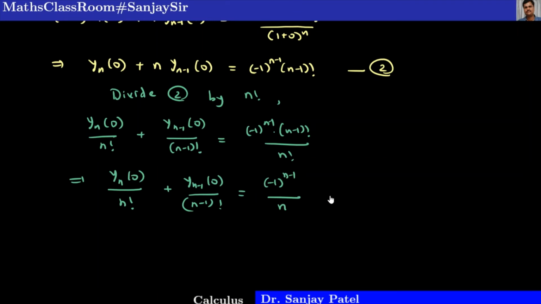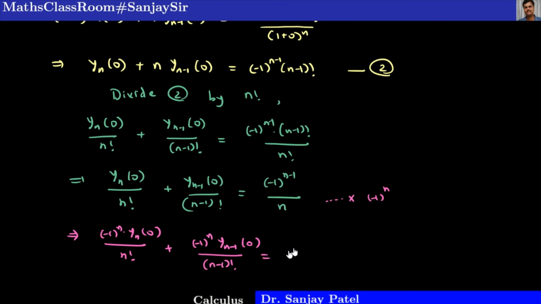Multiplying this by minus 1 raised to n, we get minus 1 raised to n into yn(0) upon n factorial plus minus 1 raised to n into y(n minus 1)(0) upon (n minus 1) factorial is equal to, this becomes minus 1 raised to n minus 1 into minus 1 raised to n gives you minus 1 raised to 2n minus 1 upon n.